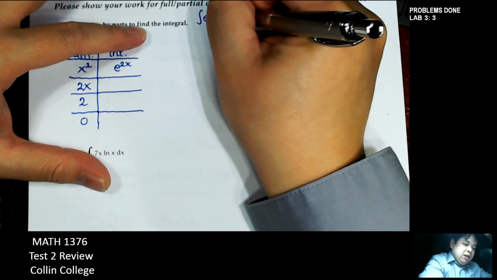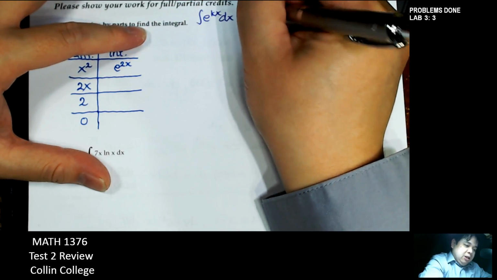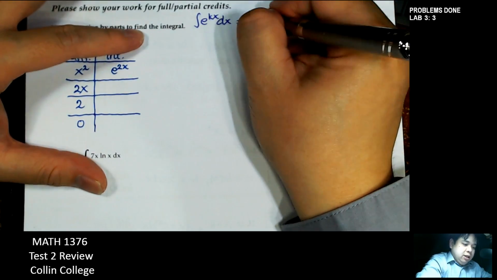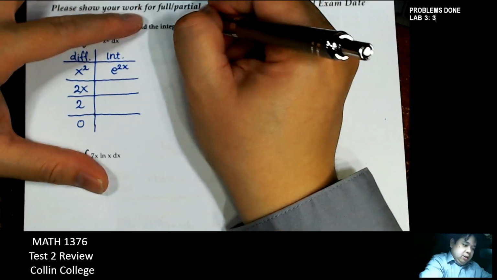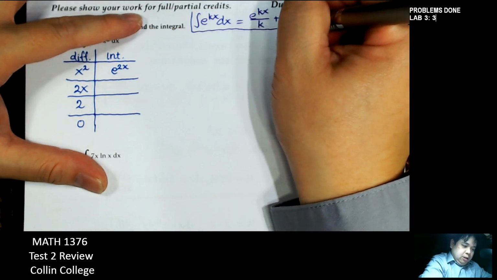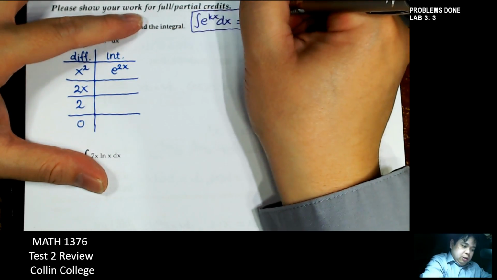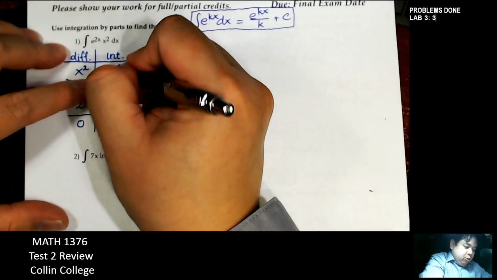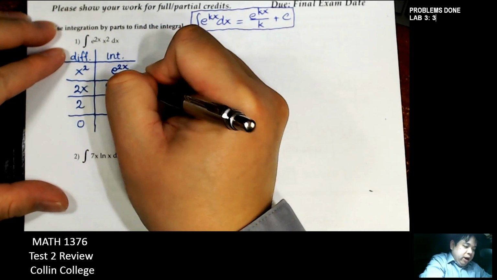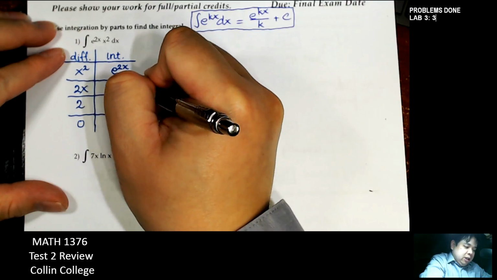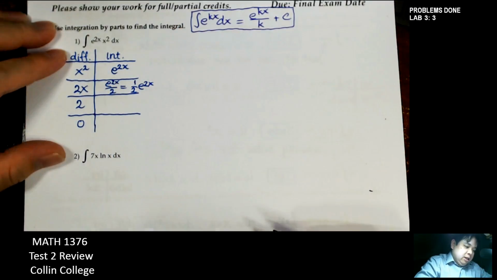Integral of e to the kx is e to the kx over k plus c. Right. So this will have e to the 2x over 2. So 1/2 e to the 2x.